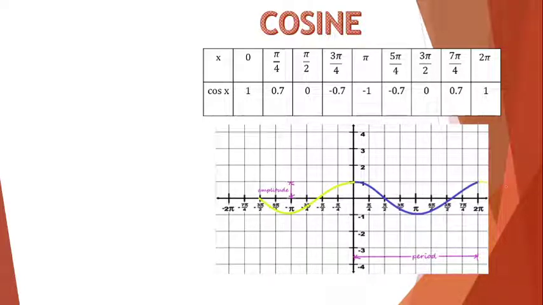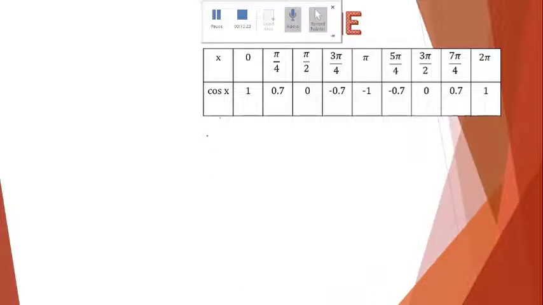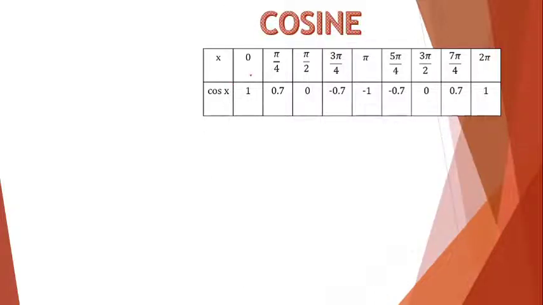Ngayon, iba naman. So, if you find the cosine of 0, the cosine of 0 is 1. Ito ay nakabase sa calculation ko sa aking calculator.